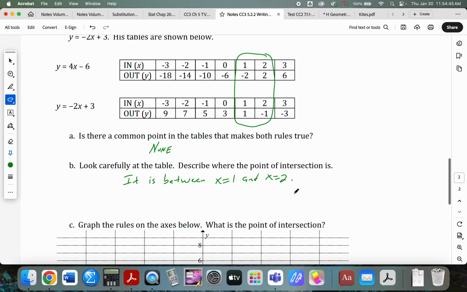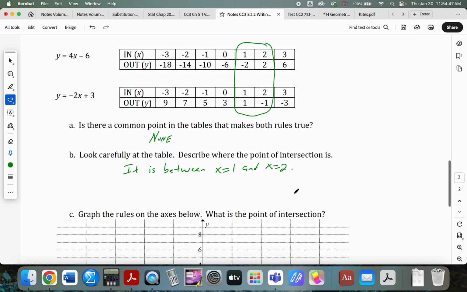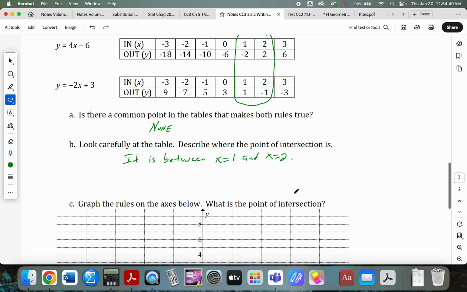All right, everybody graph those two and see if you can find the point of intersection.